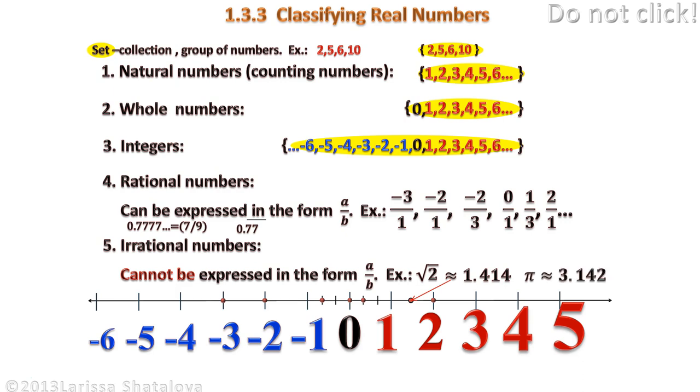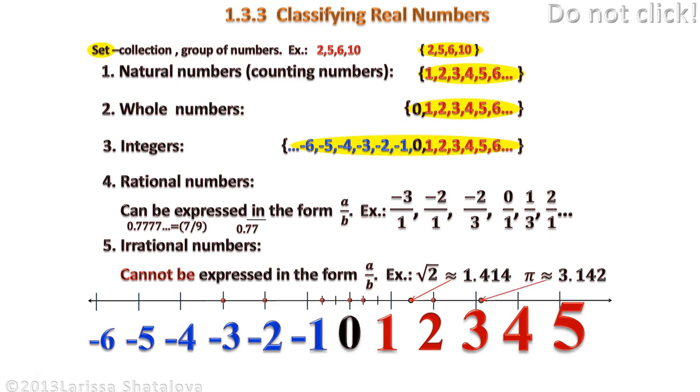Take the example of the irrational number pi, which is, as you know, approximately 3.142. But if you look at a calculator, you will see 3.141592653 dots.